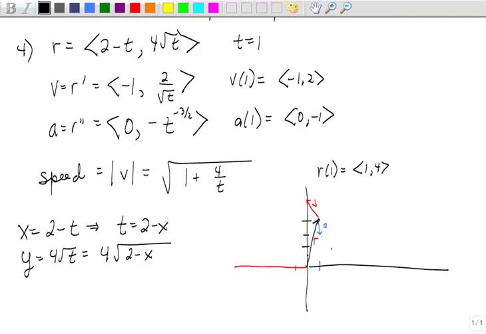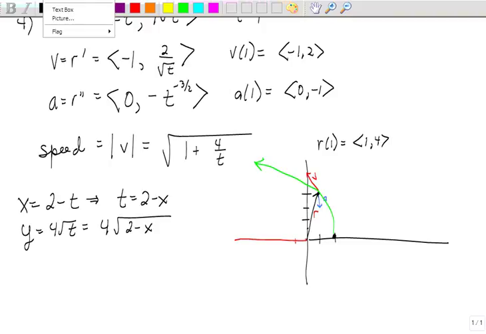The path of this goes, okay, at t equals 0, the point's going to be 2, 0. And let me do that in green. It's going to go like that. So I just got that by eliminating t.